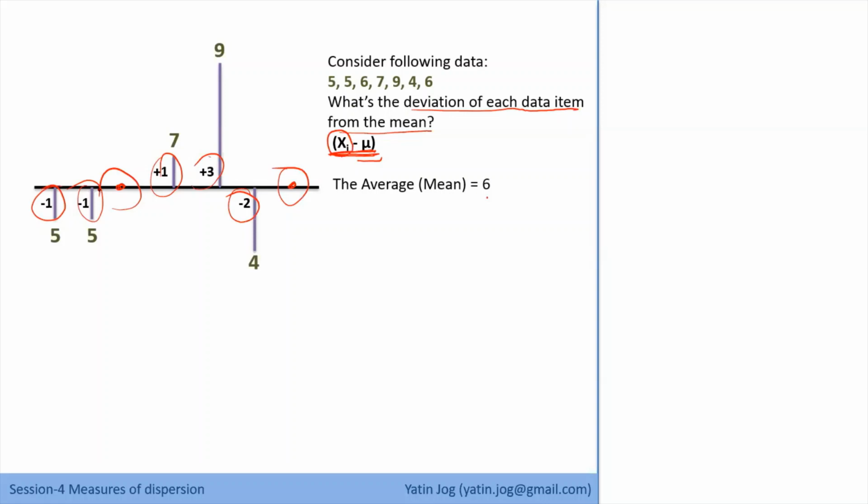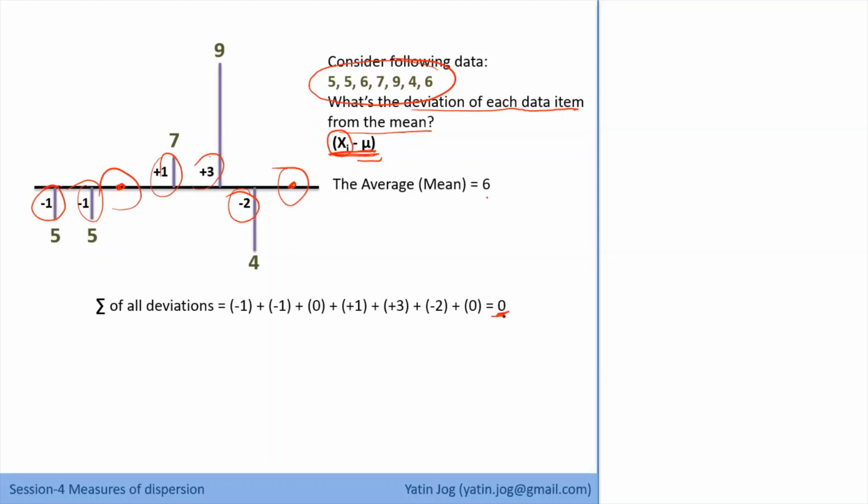Now what I want to calculate is the total deviation in my data set. What is the first method I can go with? By logic, I should add all the deviation values, the summation of all the deviations. If I add all these deviations, the value comes as 0.